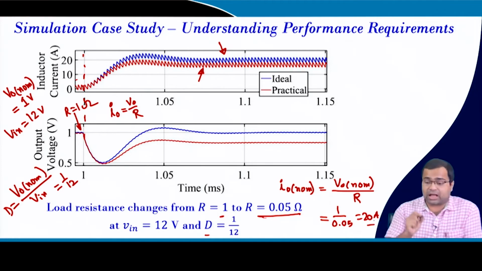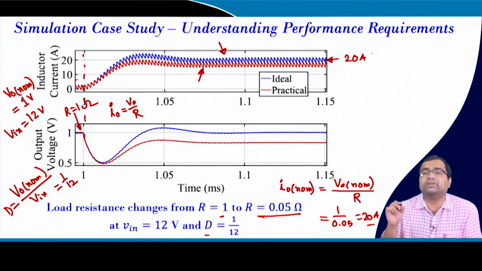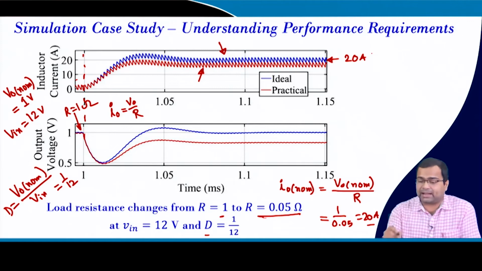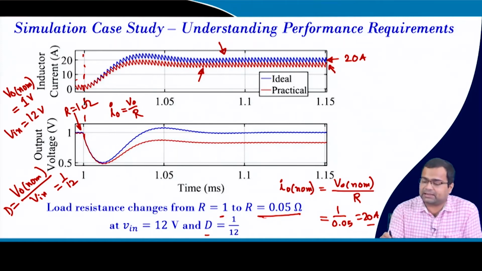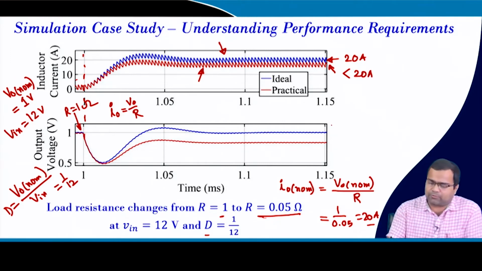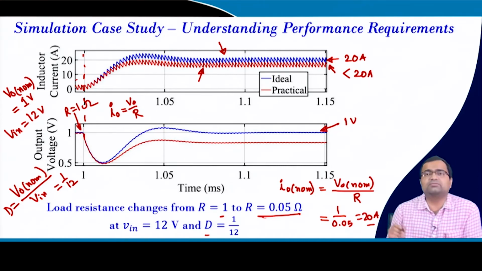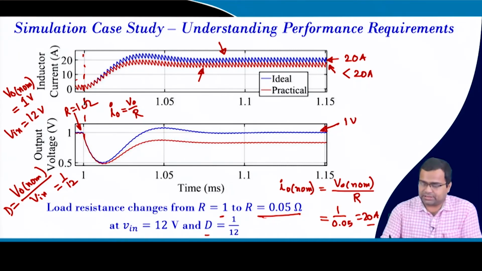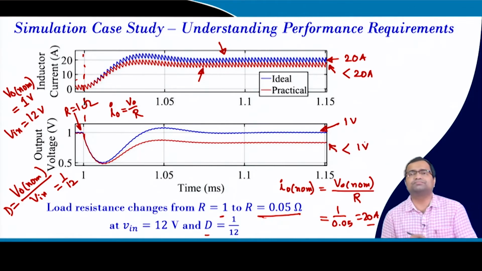For the ideal case, you see here we are getting 20 ampere load current nominal. But in the practical case here it is less than 20 ampere. Another point, the output voltage here is roughly 1 volt average, but here it is much less than 1 volt.